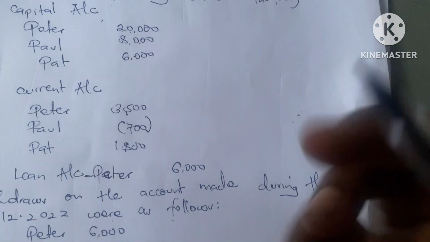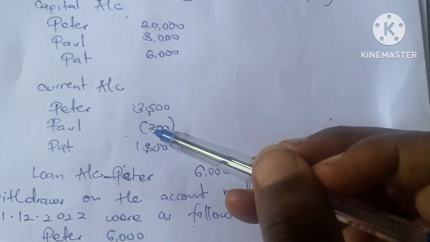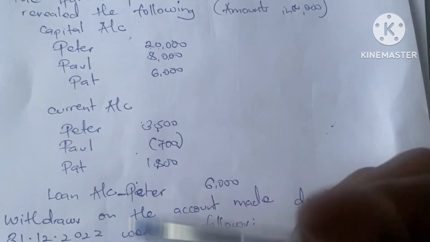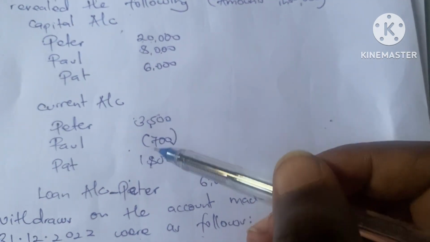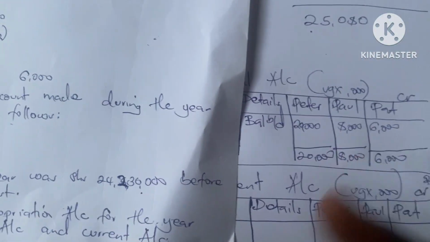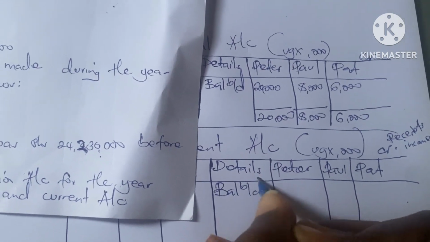So according to the question, we have the current account for the 3 partners. This is in negative. It means that it's going to be on the debit side. Then the positive ones will be on the credit side. So current account we have for Peter, we rate it as balance brought down.